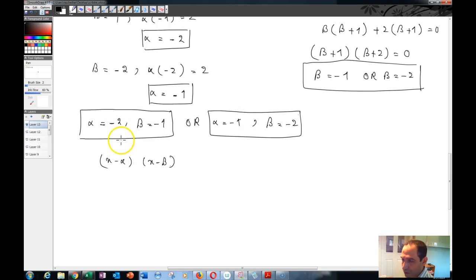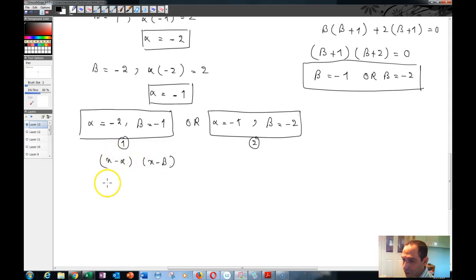So I call this case number 1. I call this case number 2, although I have used these before, but this one and 2 are not the same thing. Okay, so now I write alpha is -2, beta is -1.